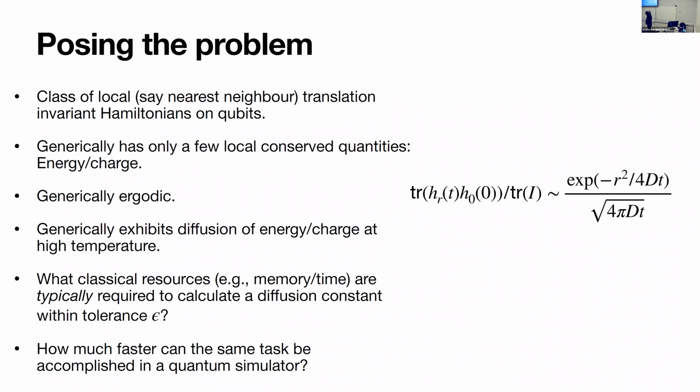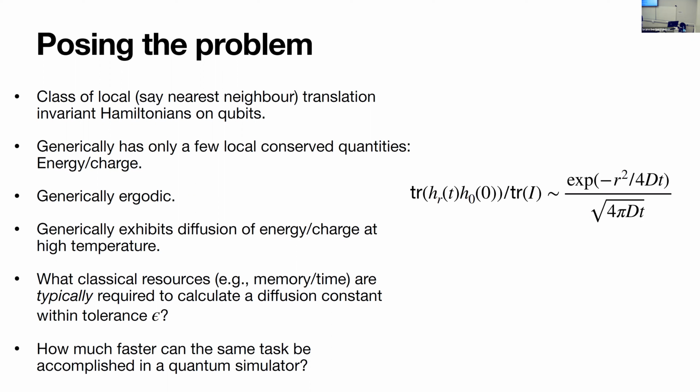Okay, so within this whole big class of problems, the question I want to ask is, what resources are we going to need in order to calculate the transport coefficient, like a diffusion constant or conductivity or whatever, to epsilon precision?